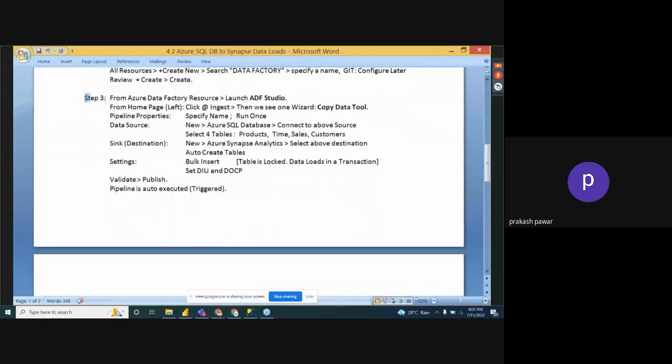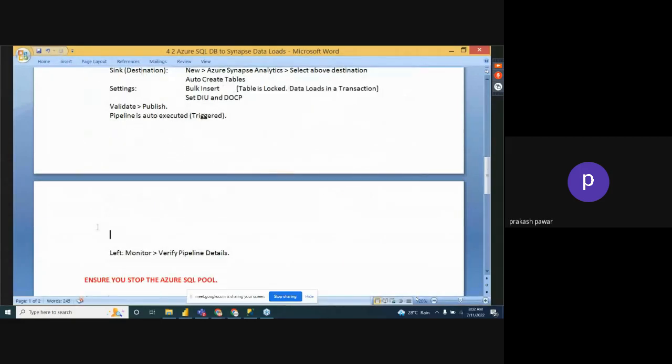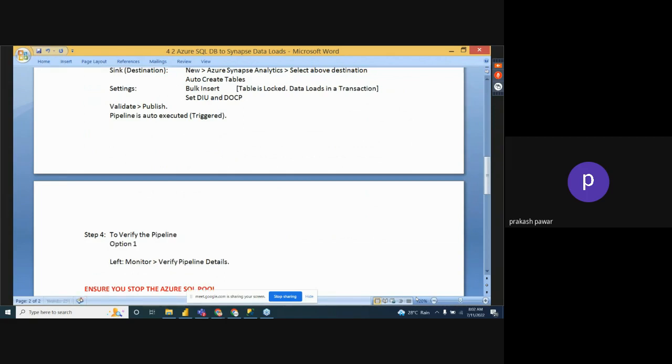Here we go. Step number 4. To verify the pipeline. Option 1 from ADF Studio, left side, 4th button, third button. What is that?